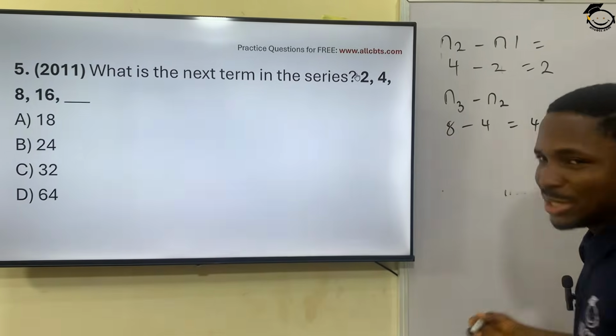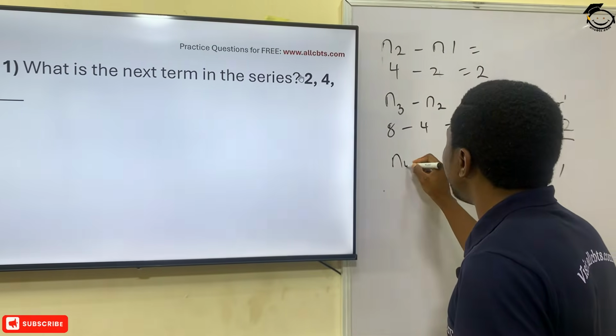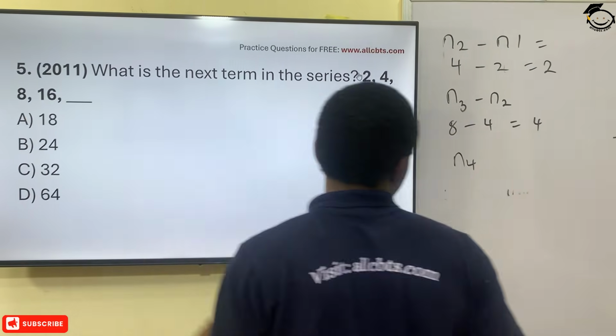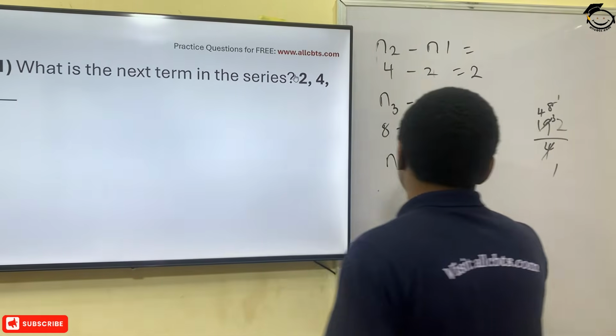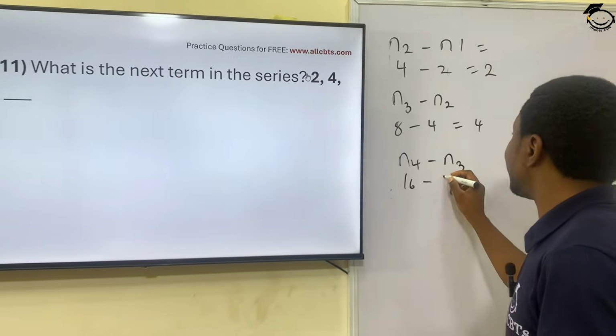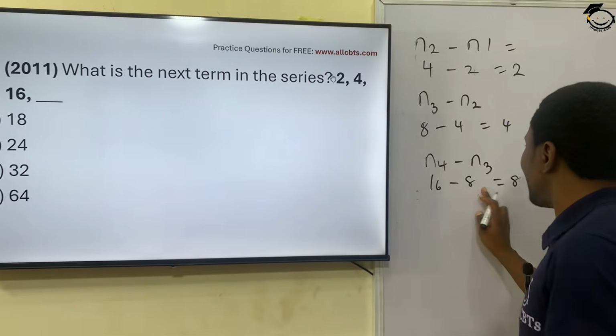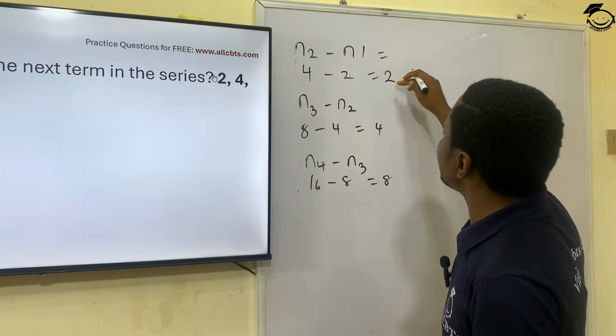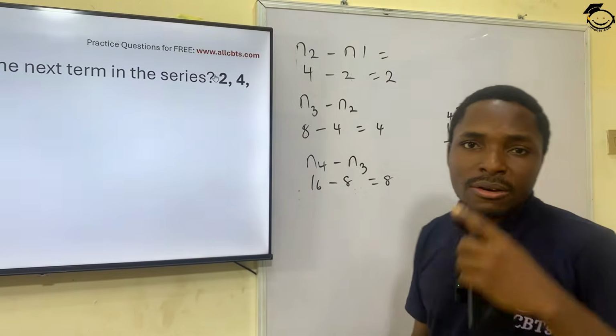So maybe we can come up with a pattern. That will now be what? N4, then because it's the fourth number, 1, 2, 3, 4, which is 16, minus N3. So N4 is what? 16 minus 8, which will give us 8. Okay, so we can see a pattern there. We can see that the answers we're getting is a multiple of itself.